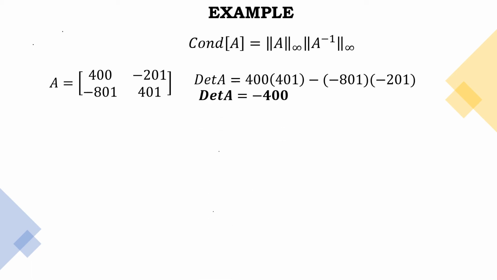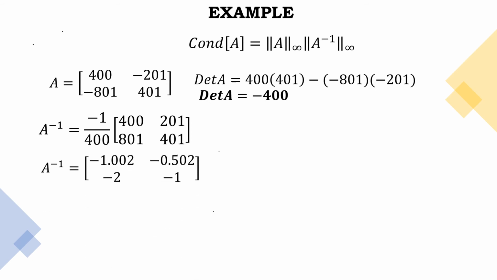So, the determinant of A this time is negative 400. Now let's solve for the inverse of matrix A. The same process. I think it's good to skip this part since this is not our focus. Once you process this, you will get the following elements.